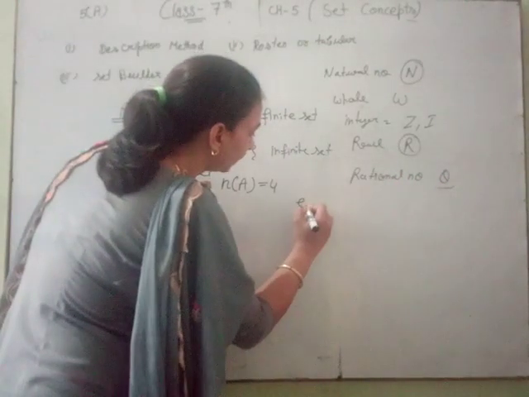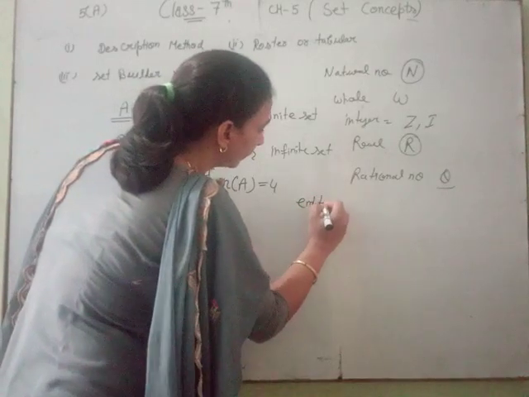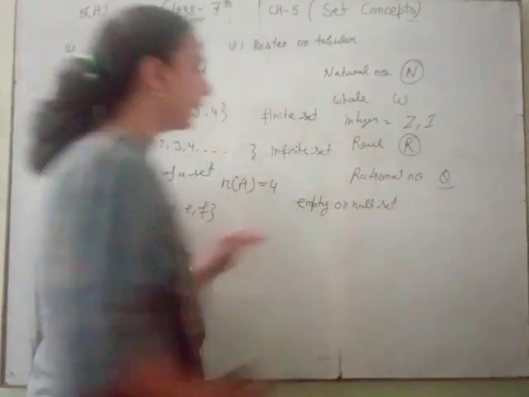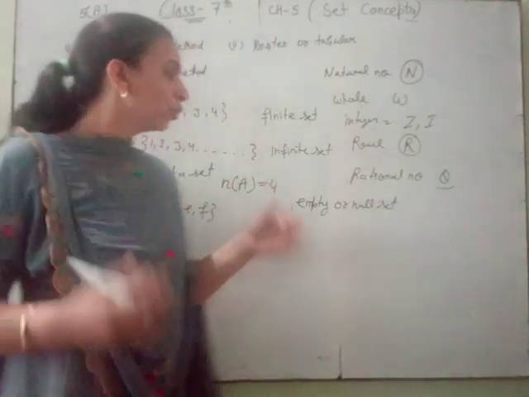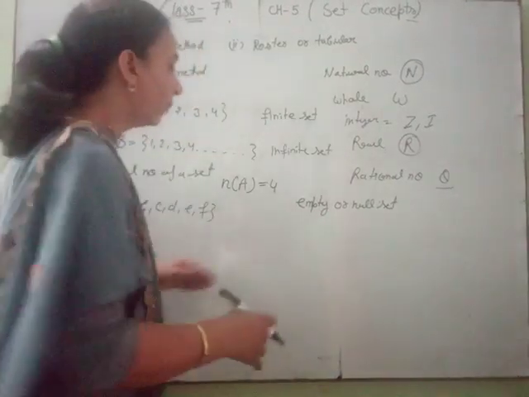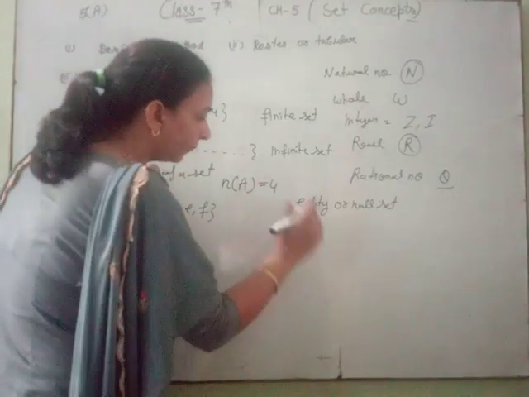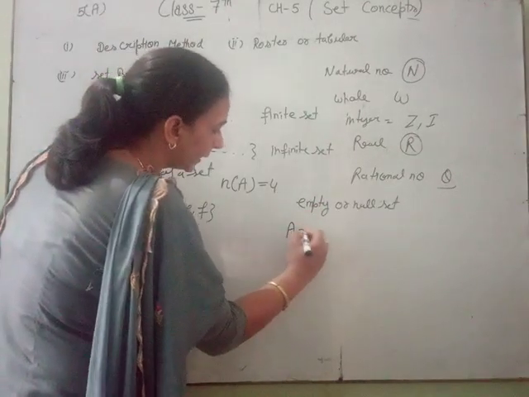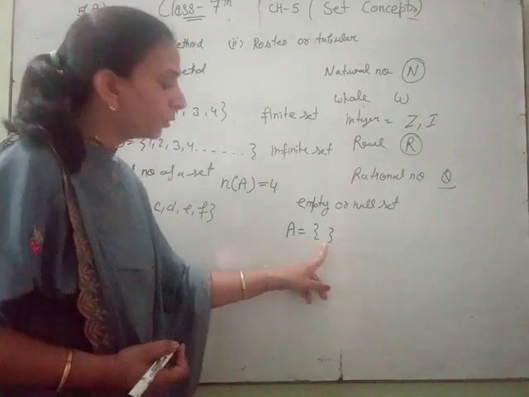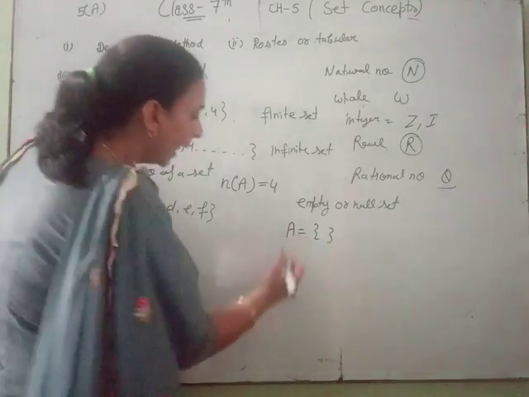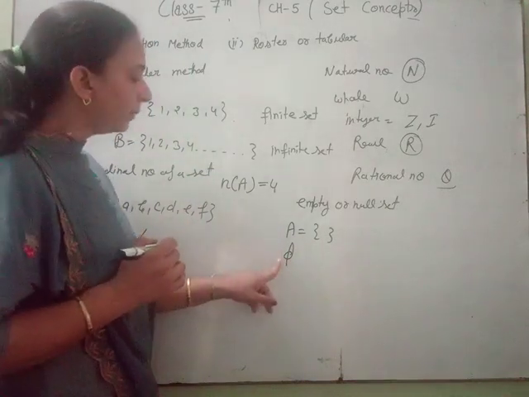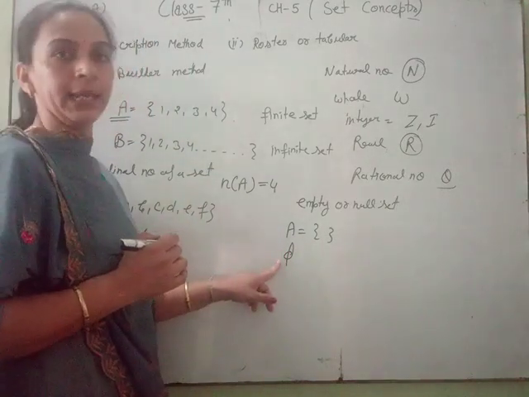Next is the empty or null set. What is an empty or null set? If there is no element in a set, then this set is an empty or null set. For example, we represent the empty set as { }. This set is empty because there is no element. Phi is also a notation of the empty set. Phi means a set in which there is no element.